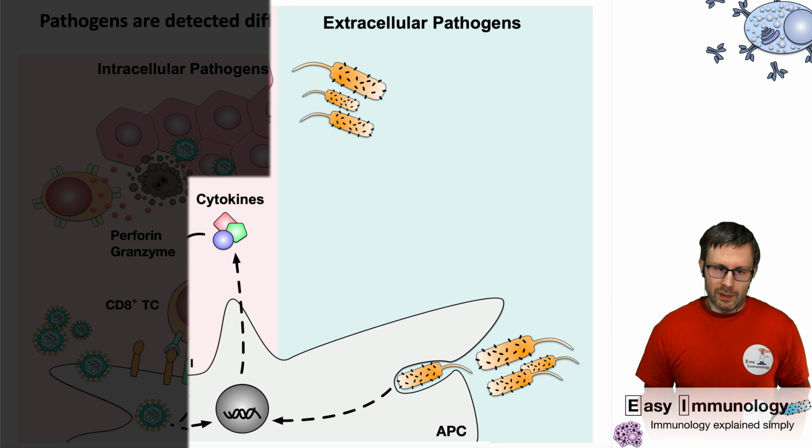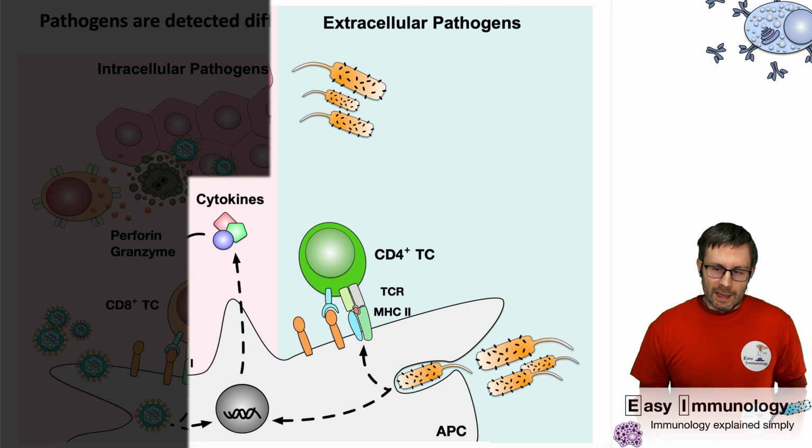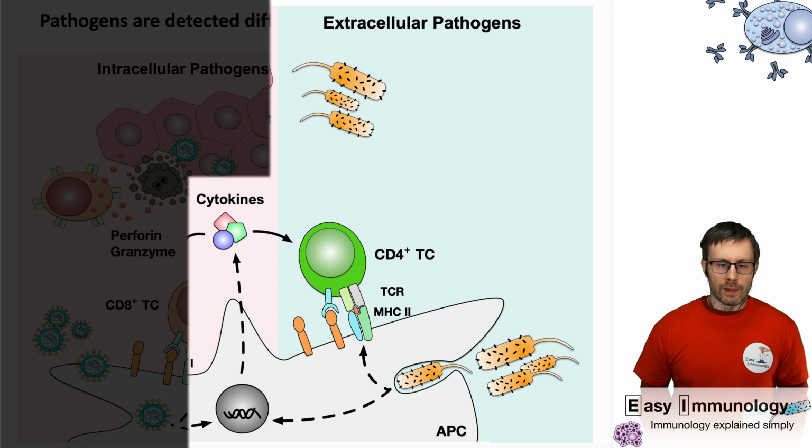They trigger again the activation of the cell. Again, production of, for example, cytokines, co-stimulatory molecules, and peptides derived from the pathogens are presented on MHC molecules, now on MHC class 2 molecules. And these are again all three signals, cytokines, co-stimulatory molecules, and peptides in combination with MHC molecules, that are necessary to activate a T cell.